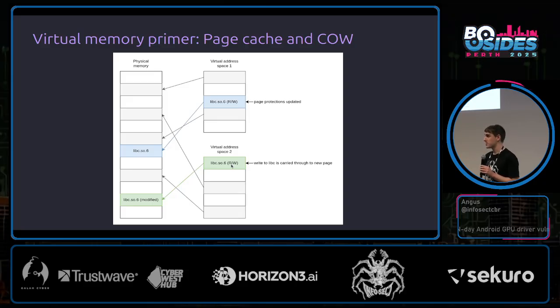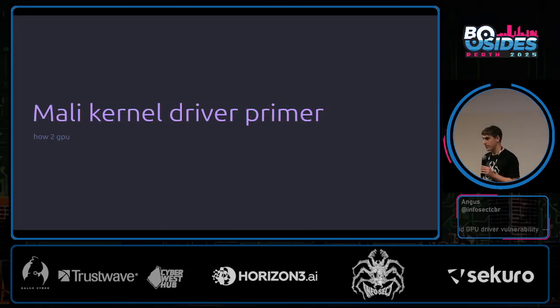By doing this, we've maintained the guarantee that two processes which share some memory are not going to be able to modify it, and if they want to modify it, they have to get their own copies, so they're not interfering with each other. This is a core security guarantee of the kernel, which we're going to investigate a bit further. So back to the Mali driver.